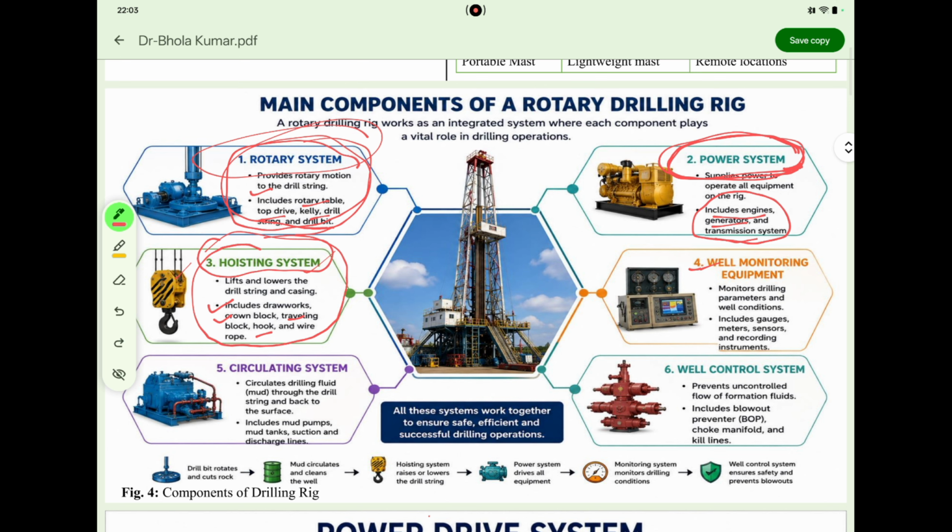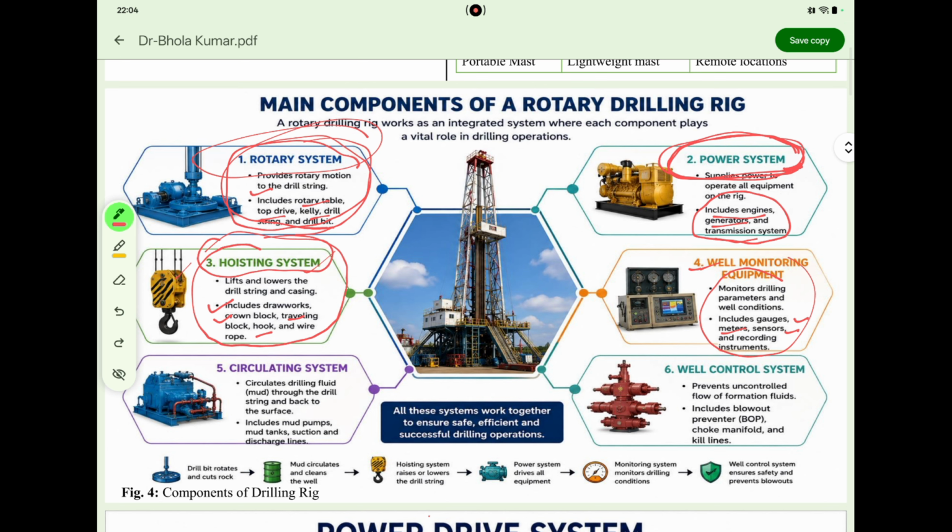So who is going to monitor it? Some systems will monitor whether you are performing the operation in a good way, whether you are reaching the target depth, whether you are hitting the target, or whether there is any fluctuation in the power or the hoisting system. Those things are monitored by the well monitoring equipment, which monitors drilling parameters and well conditions, and includes gauges, master sensor, recorder, and instruments, right?